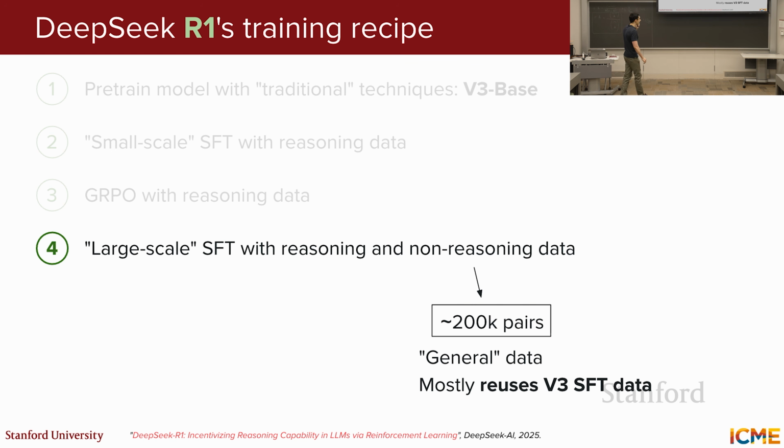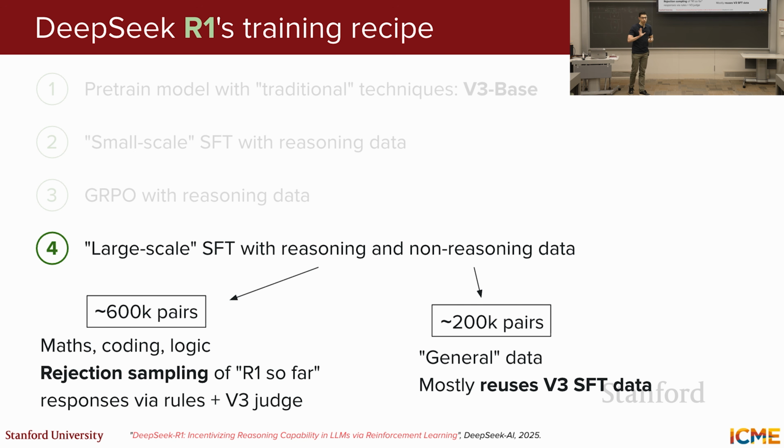And then what they did is that they added to it a lot of pairs that are directed towards reasoning. So the ratio was 3-to-1, and the reasoning ones were generated with a method called rejection sampling. So what they did is that they took some prompts covering these reasoning-based fields, and they used the model that had been trained so far to generate a response.